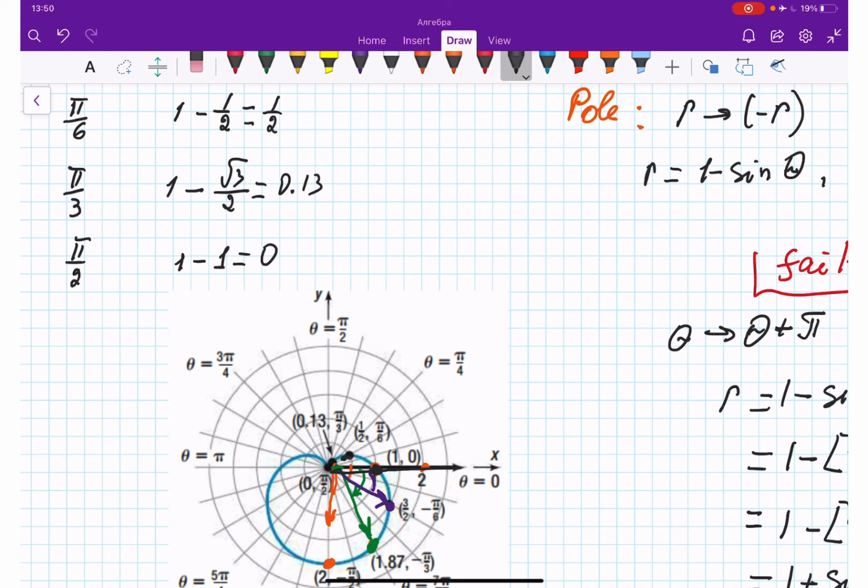Okay, 1/2, because if 1 is going to be 2 points, this is our 1. This is our 2, we know. So this is our 1 is going to be on this one right here. So this is 1/2.